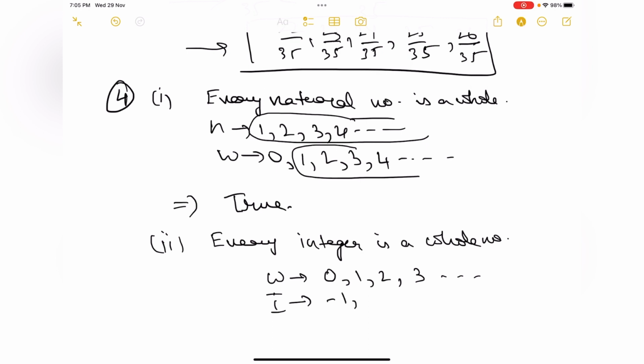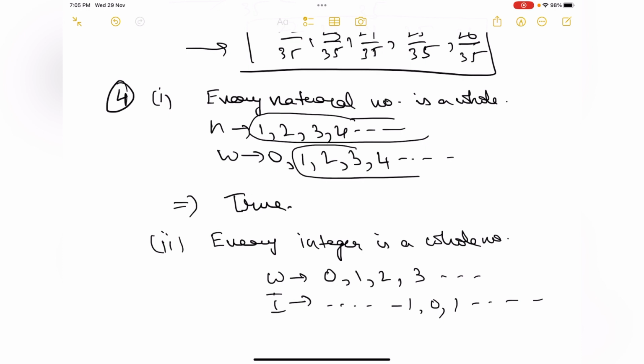They are negative and positive numbers, which are not fractions basically. So let me write it this way: from minus infinity to minus 1, 0, 1 to plus infinity.